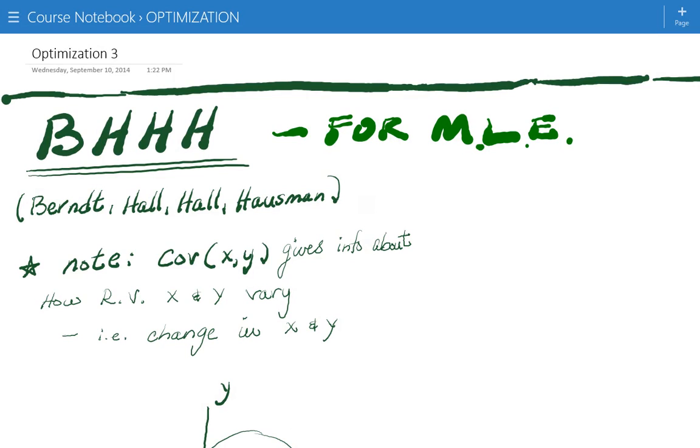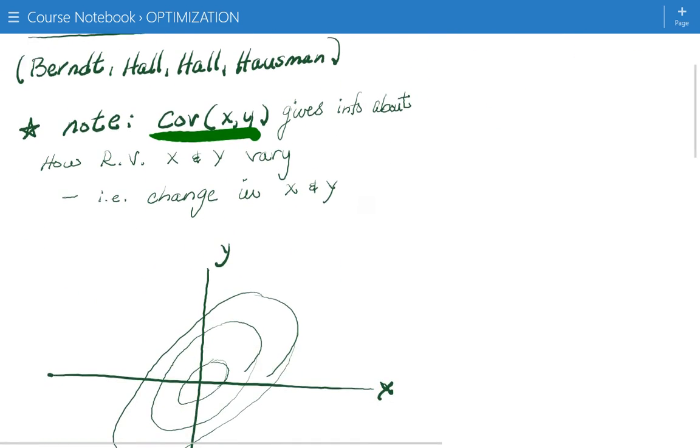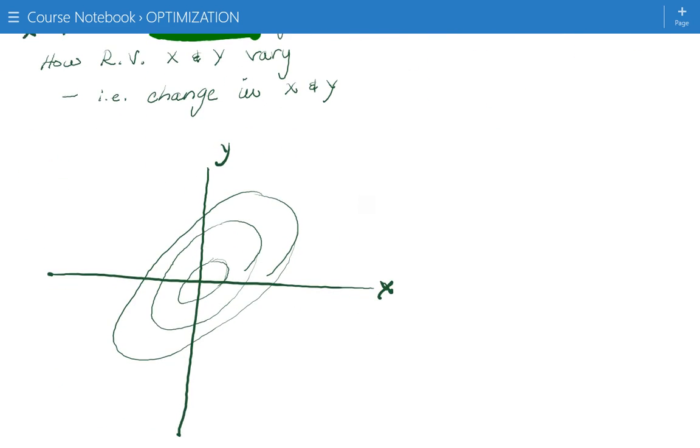It is about estimating the likelihood function, so more precisely the log likelihood function. And the thing to note is that covariance between two variables actually gives information about how these two variables vary, that's to say how they change in terms of x and y.